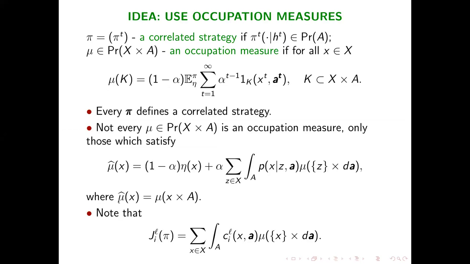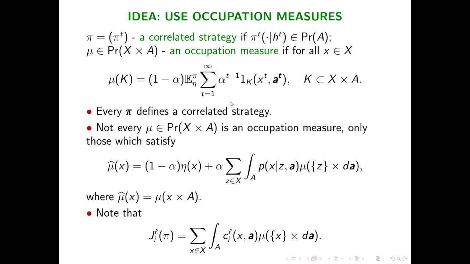And mu hat is the projection of mu on X. And having defined the occupation measure mu, we can express the expected cost for the objective function and for the constraint functions for the players with the aid of the occupation measure.